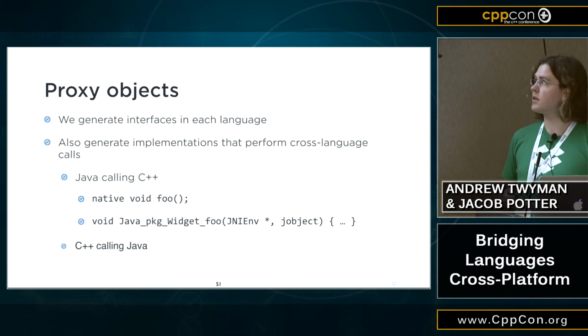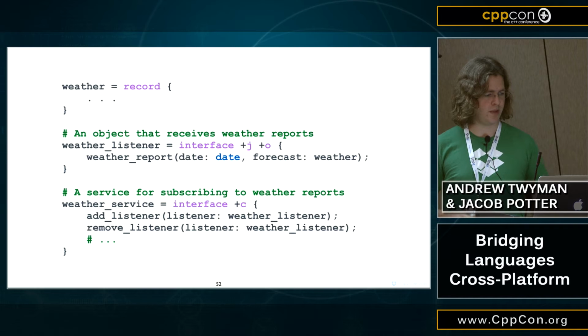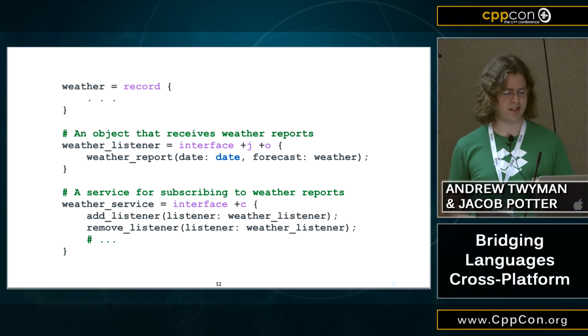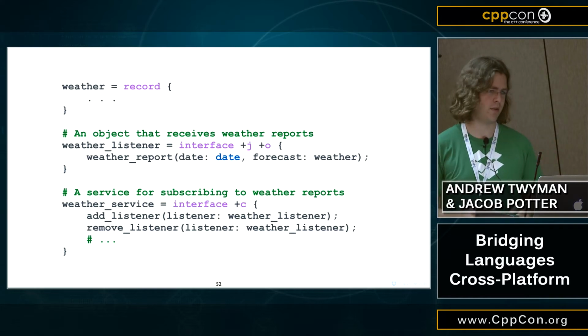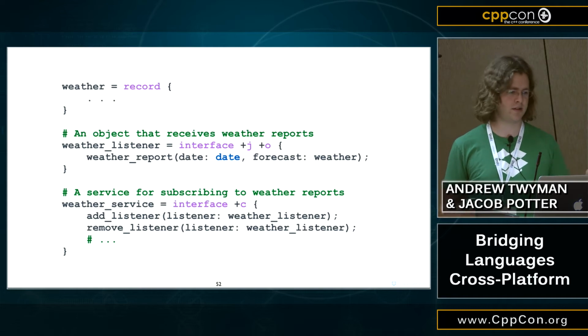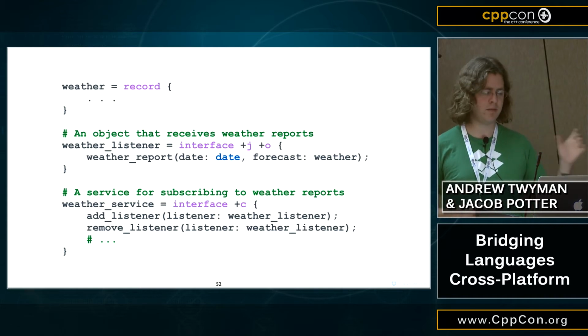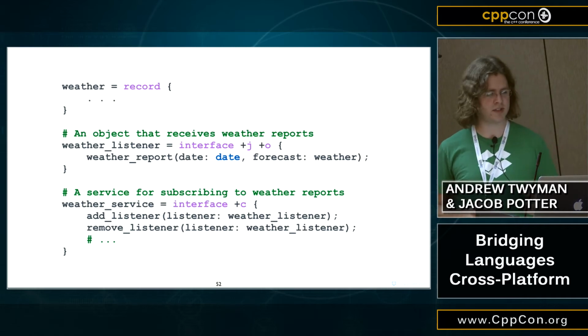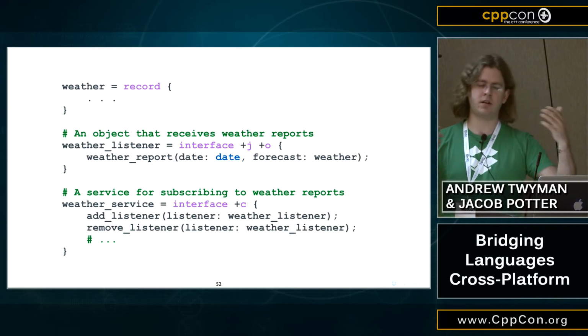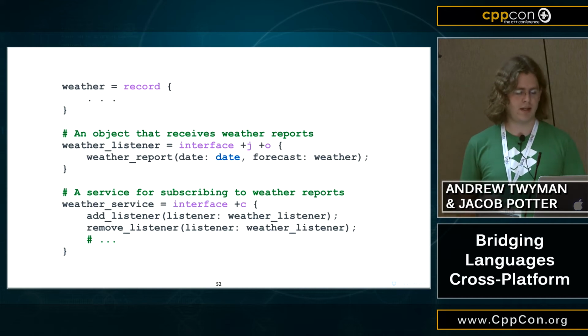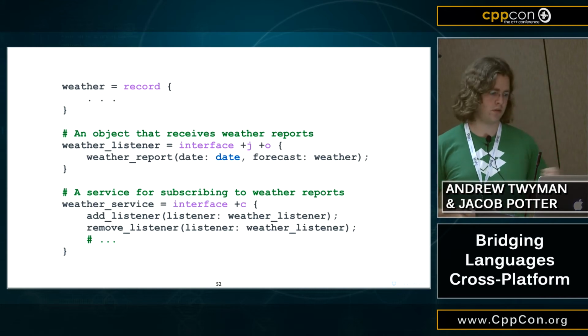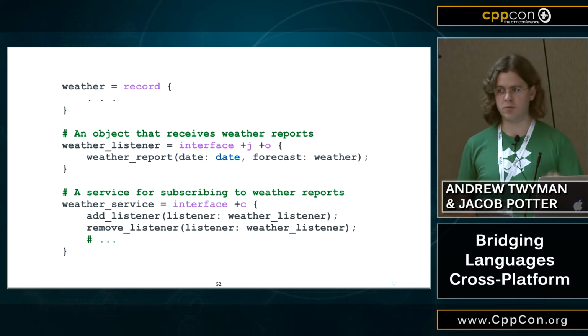And so let's look at an example of how that's used. Let's say we have a weather report service. Well, we've got a little record for what the weather is. A weather listener is something we might be implementing in Java or Objective-C that has a function that gets called whenever there's a new weather report. And then this service will have an add listener and remove listener pair.